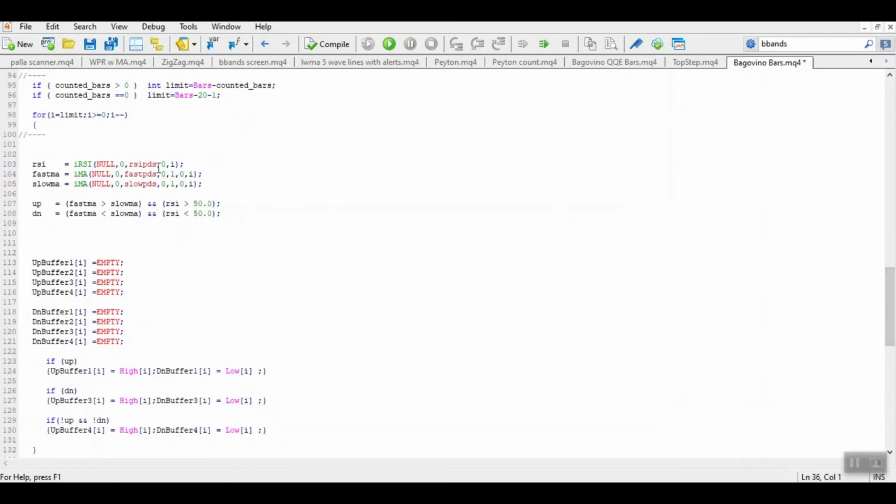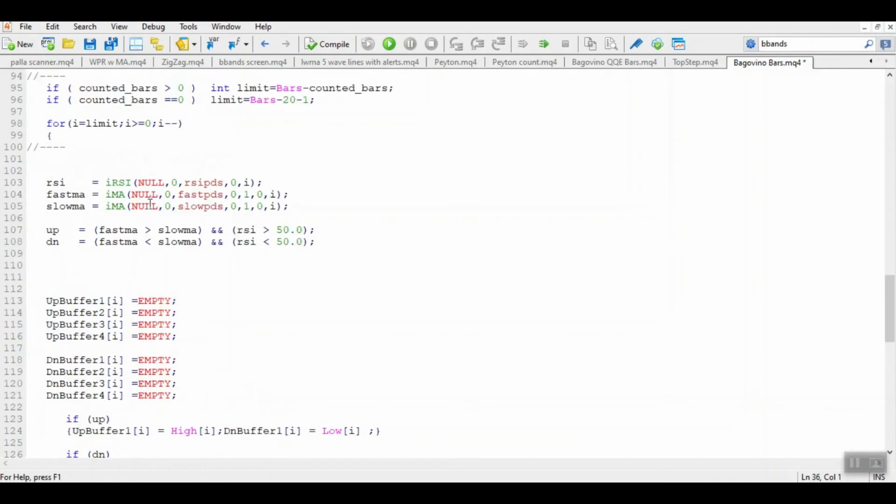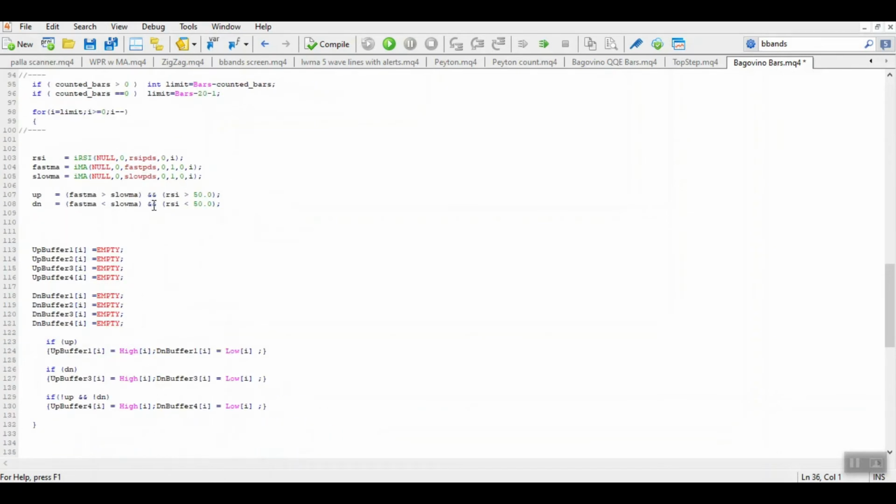So here it is. The RSI period was 21. The fast MA period was 5. Slow MA period was 12. You can change that up there if you want. It says if the fast MA is greater than the slow MA and RSI is greater than 50, that's a buy signal, and the opposite for a sell signal.